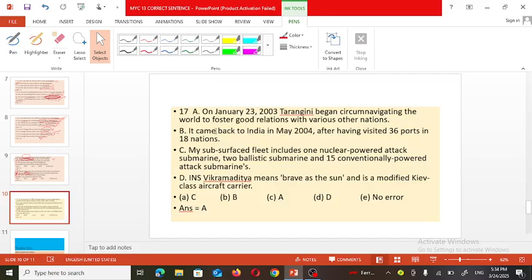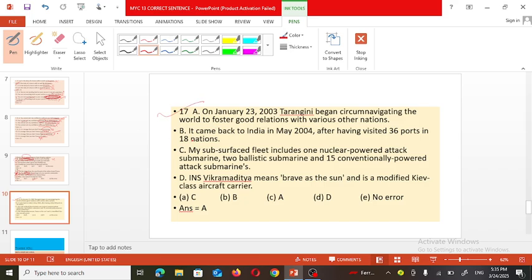And the next sentence: on January 23, 2003, Tarangini began circumnavigating the world to foster good relations with various other nations. Okay, so this is simple past tense. There is no error in that.